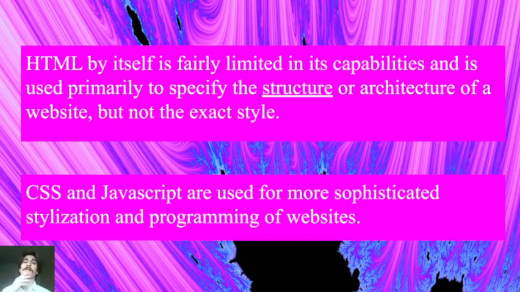HTML by itself is fairly limited in its capabilities and is used primarily to specify the outline or the architecture or the structure of a website rather than the exact style. The exact style and more sophisticated programs on a website are written in CSS and JavaScript.